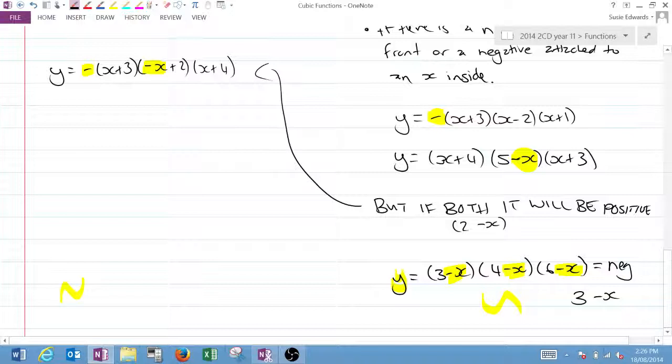No, so it could also be any 2 negatives. So that would also be positive. Any other questions?